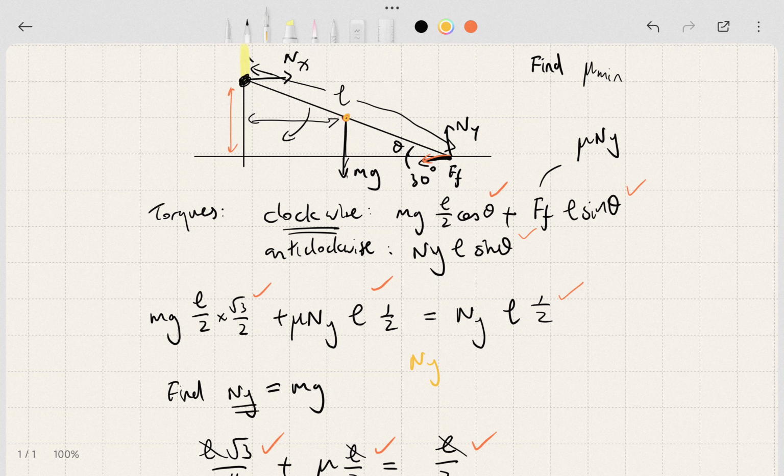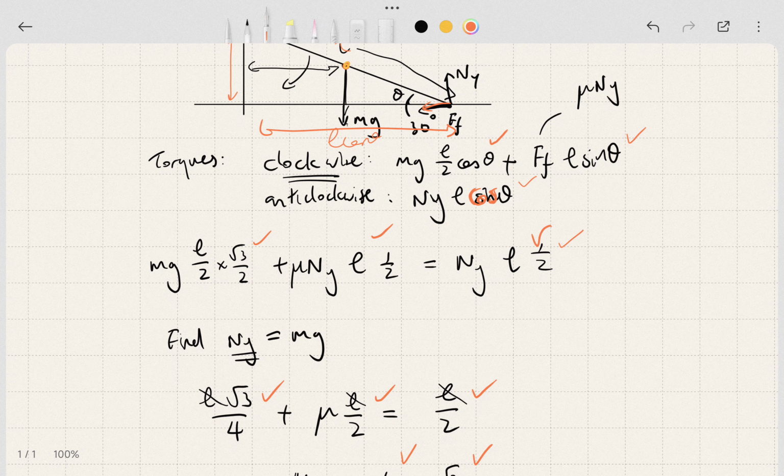Wait a minute. So the torque here, I think that's the issue that I'm having. This should be cosine of theta, because essentially you're taking the distance as this, and this is L cos theta. So this is wrong.